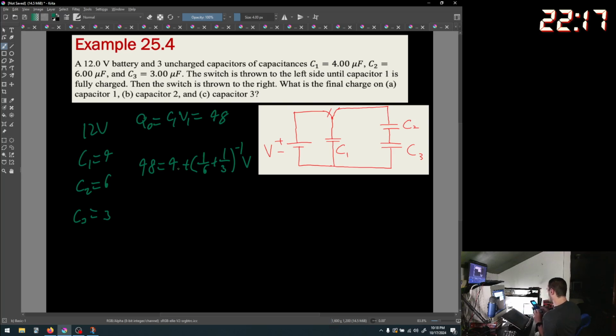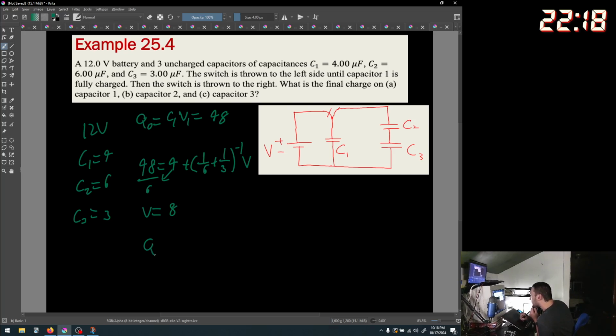Now, if I do 4 plus 1 over 6 plus 1 over 3 inverse, I'm getting 6. 48 divided by 6, V equals 8.